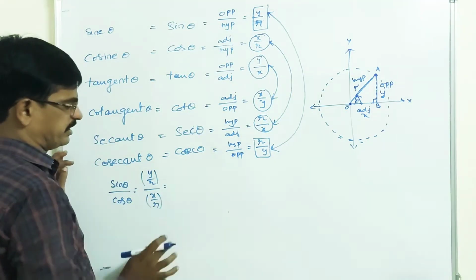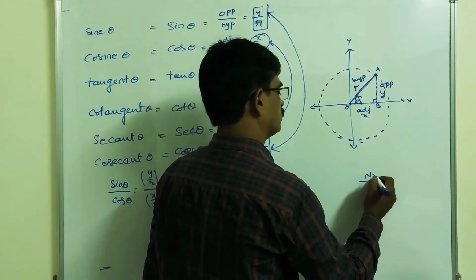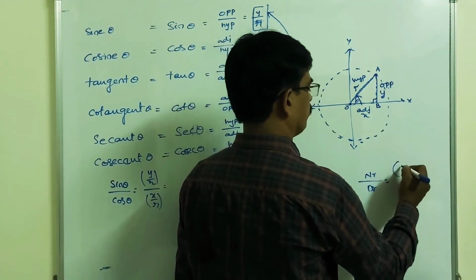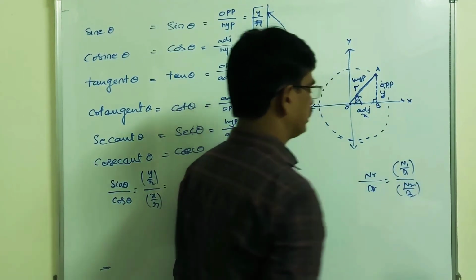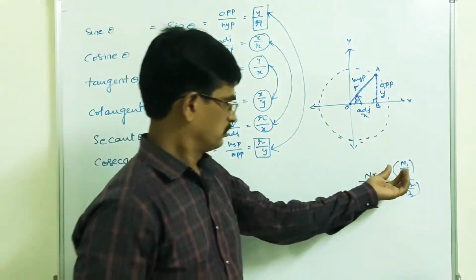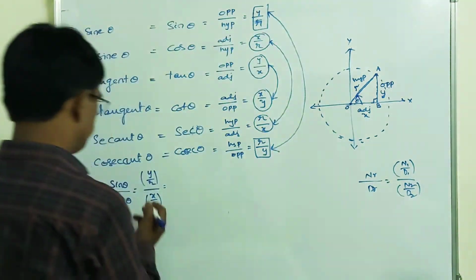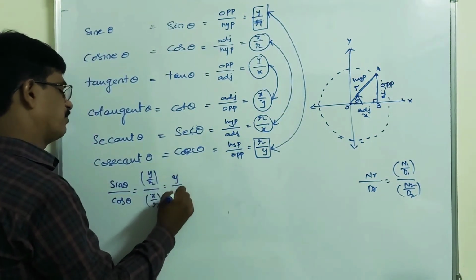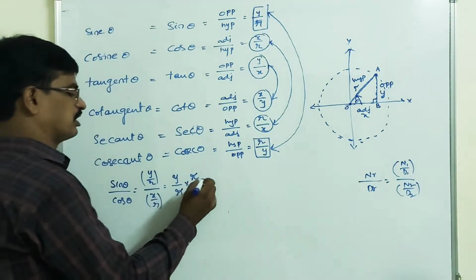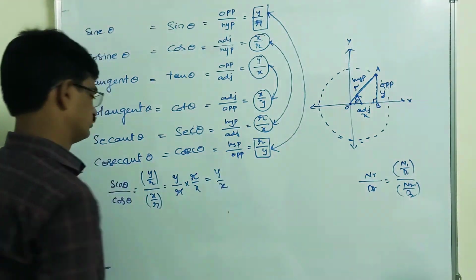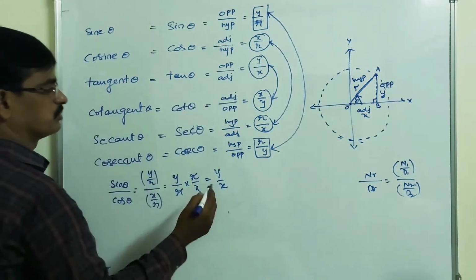Now it looks like a complex fraction, because a fraction having again fractions in the numerator and denominator is called a complex fraction. So y by r into r by x, the result will be like this. Then r cancels out, then y by x. But y by x, if you observe carefully, is equal to tan theta.